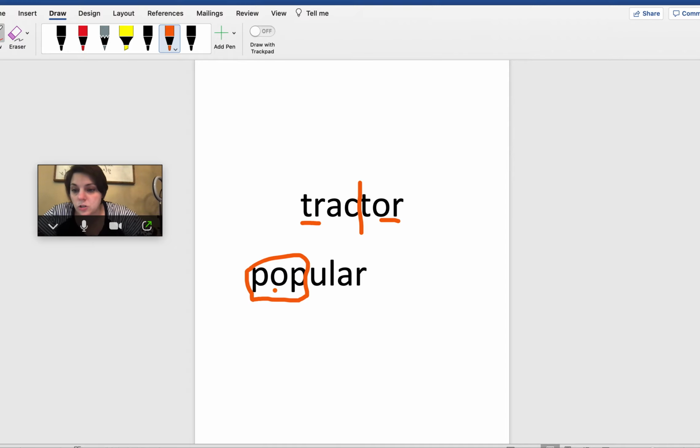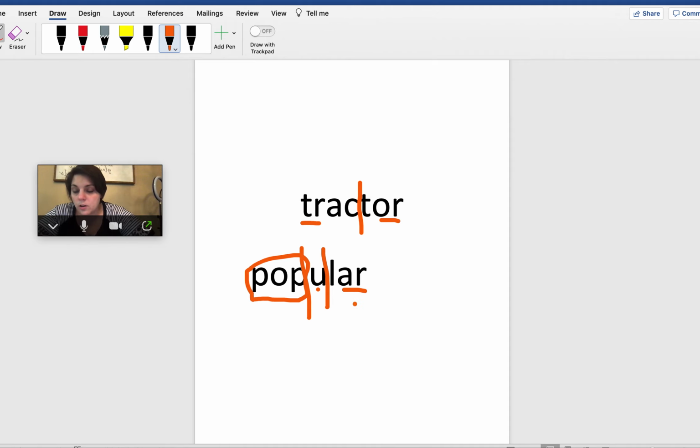How many syllables did you hear? 3, right? So pop, U is its own syllable. I can read this all by itself, pop, and then that says its name, U, and let's read the end of this. AR says like a pirate, right? So popular.